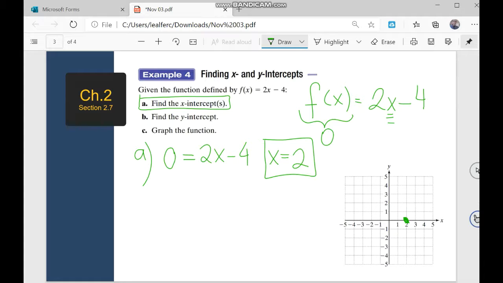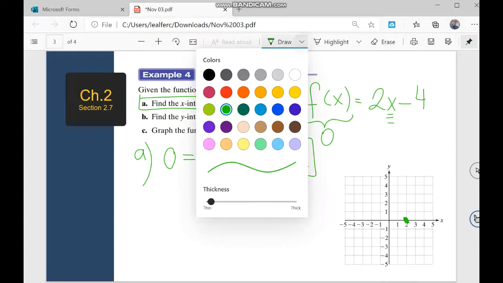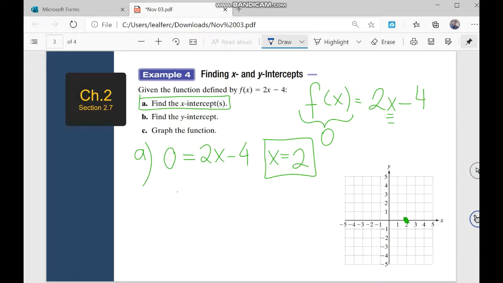Now y-intercept. For the y-intercept, instead of making f(x) equal to 0, we're going to make x equal to 0. And you're going to find y, because y equals f(x).